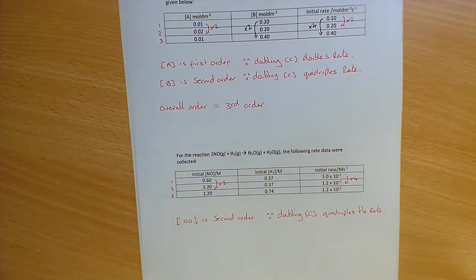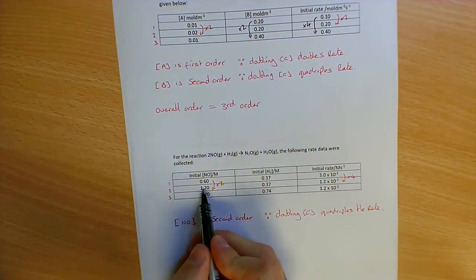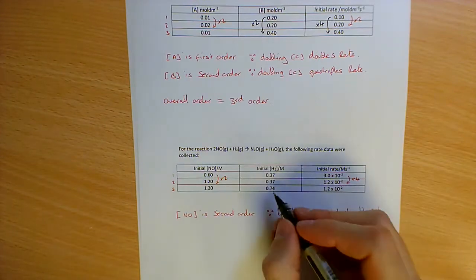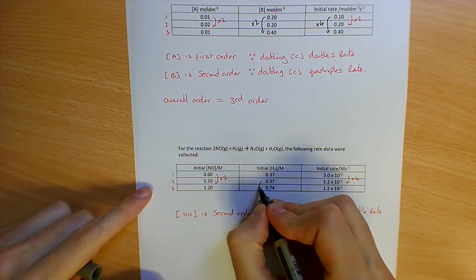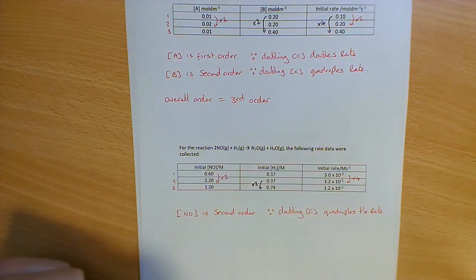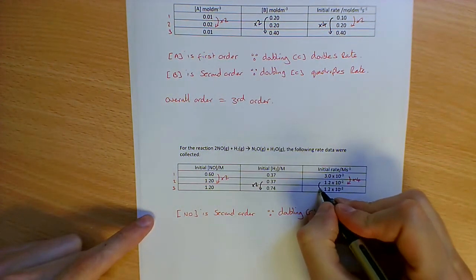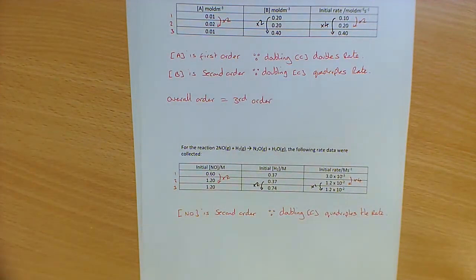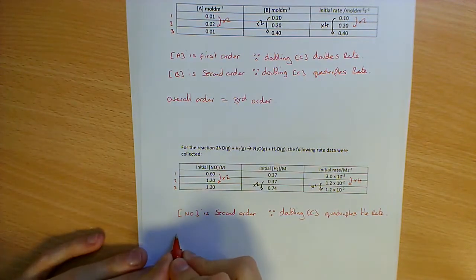Right, now let's look at the hydrogen. So we need two experiments where the nitrogen oxide stays the same. So I would say experiments 2 and 3 because it has not changed. And the hydrogen has doubled. What effect has that had on the rate? It's had no effect. So if change in concentration has no effect on the rate, it is a zero order reactant.